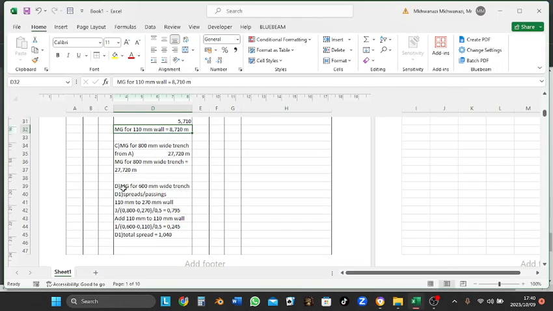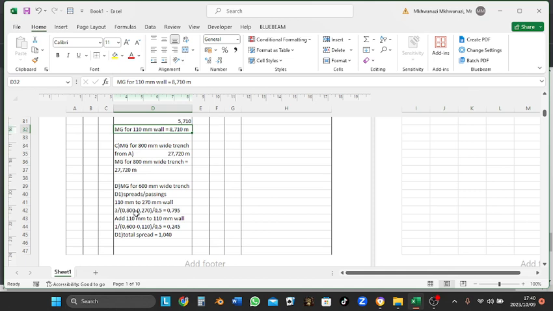We're going to say mean get for the 600 millimeters wide trench, and we're going to start by calculating the spreads and passings. For spreads, we're going to have the spread for the 110 millimeters wall to the 270 millimeters wall. How many spreads are we having? 3 spreads. And the width of the trench is 800 millimeters, which is 0.8 meters.